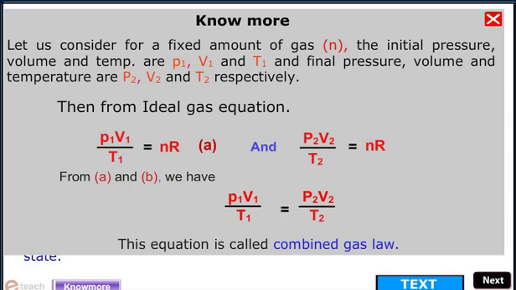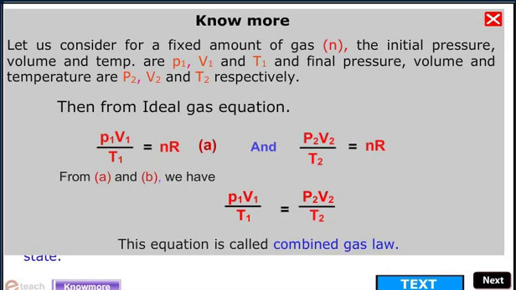Let us consider a fixed amount of gas n, where the initial pressure, volume and temperature are P1, V1 and T1, and the final pressure, volume and temperature are P2, V2 and T2 respectively. Then from the ideal gas equation, P1V1 by T1 equals nR.